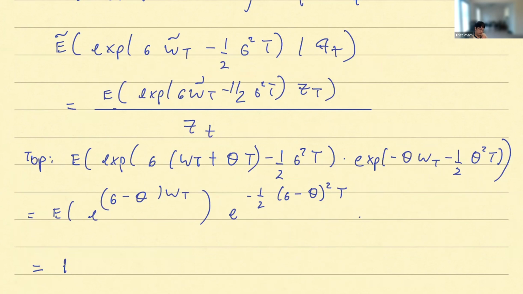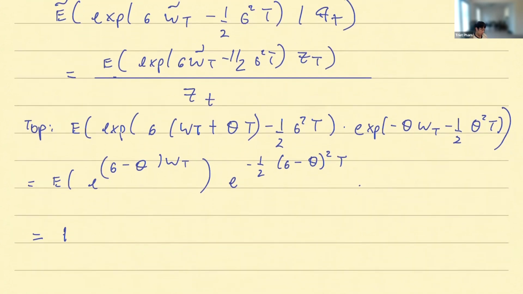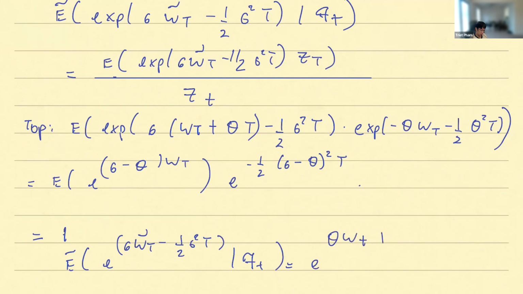Questions so far? Amazingly enough, this conditional expectation is just 1 over Z little t. So to continue, it's going to be equal to 1 over Zt, so it's e to the plus theta squared.